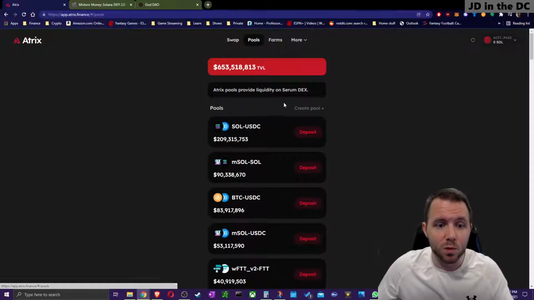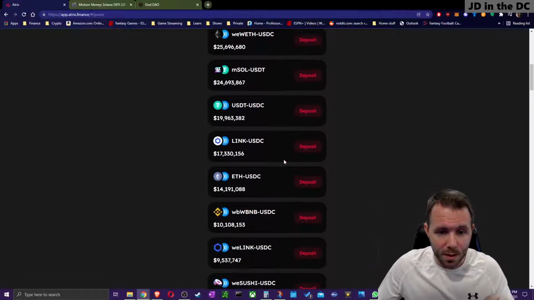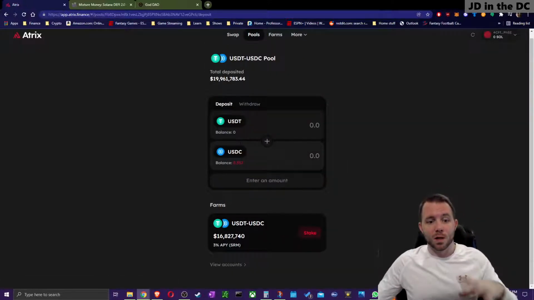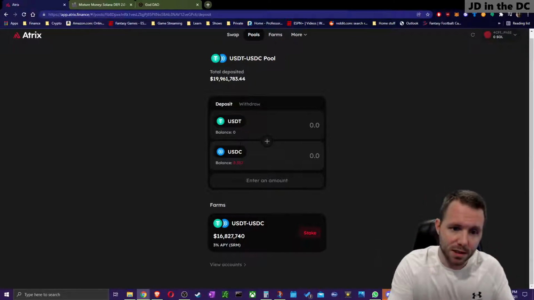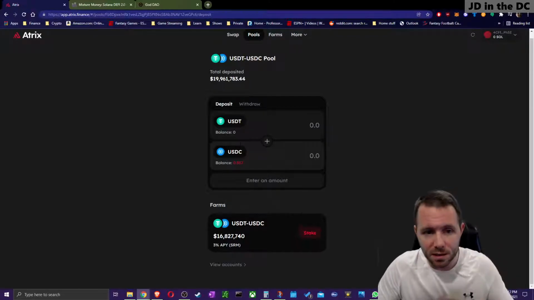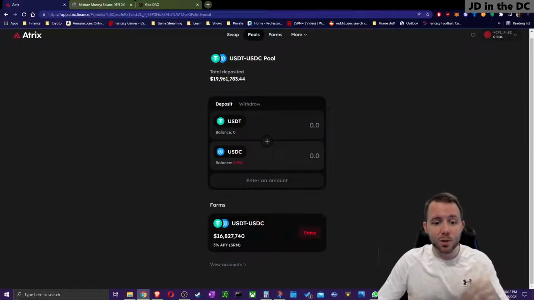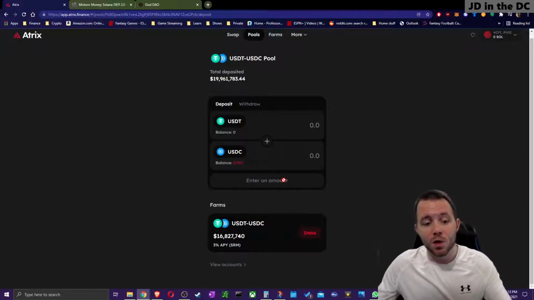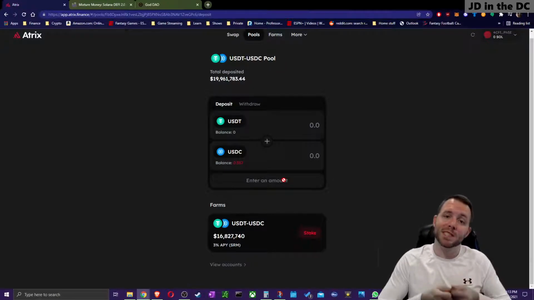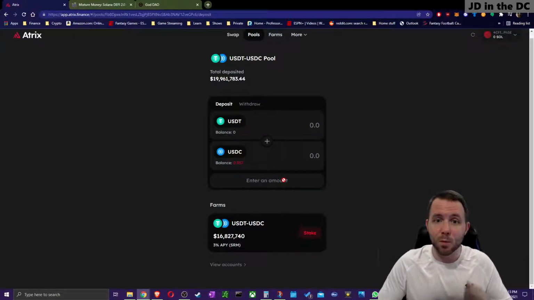So let's go over here to pools. When you go back to our pool here, let's say we have $2,000, we stuck 1,000 into USDT, we stuck 1,000 in USDC, and once you enter this into the pool, you actually get a token back, and it's a receipt, okay? We call them LP tokens.